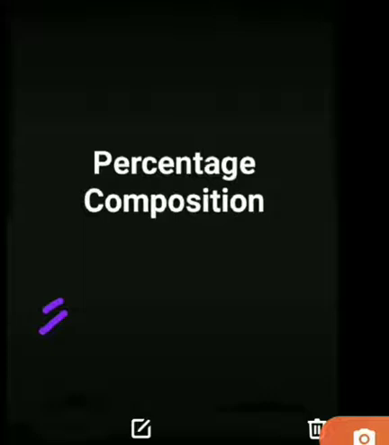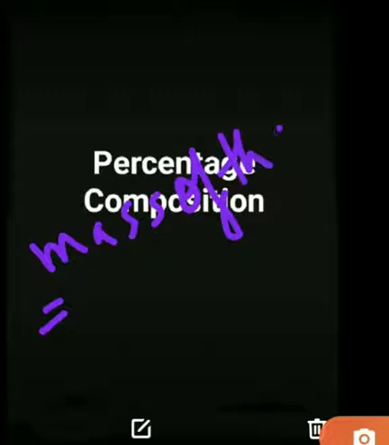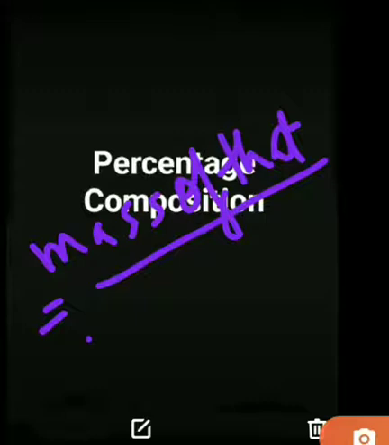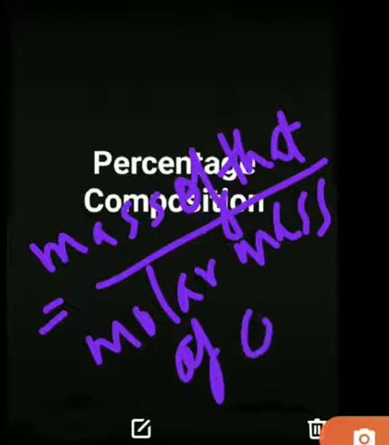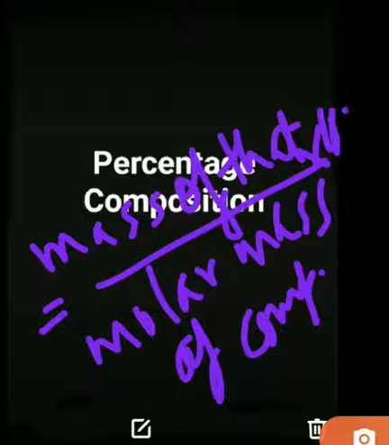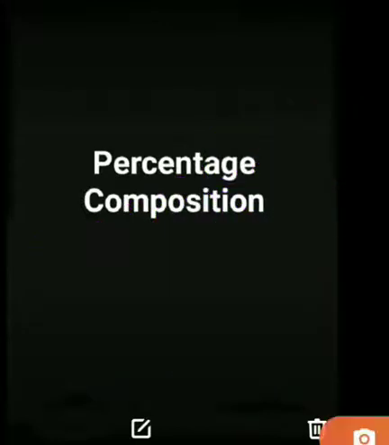It is equal to the mass of that element upon the molar mass of the compound, into 100. Okay, so it is not very tough. You can assume this, how we can calculate it.